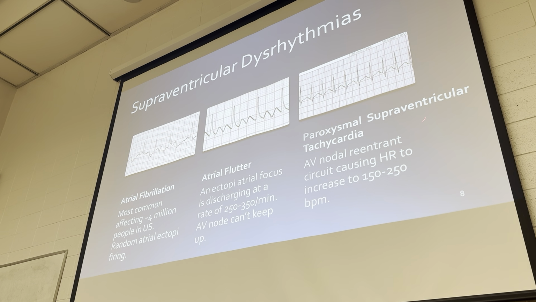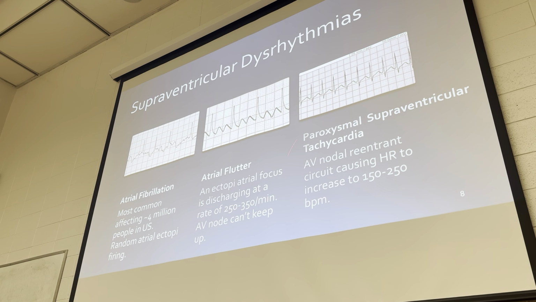And then paroxysmal supraventricular tachycardia, the AV nodal reentrant circuit. Instead of going from the SA node down through the AV node and on, part of that pathway is going down to the AV node from the SA node, or wherever this is originating from, usually still the SA node, but then it's just sending it back up. It's causing it to continue firing over and over again.